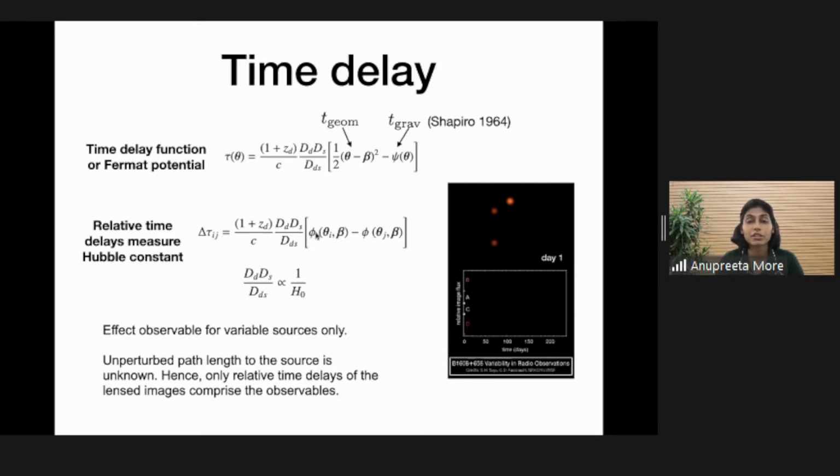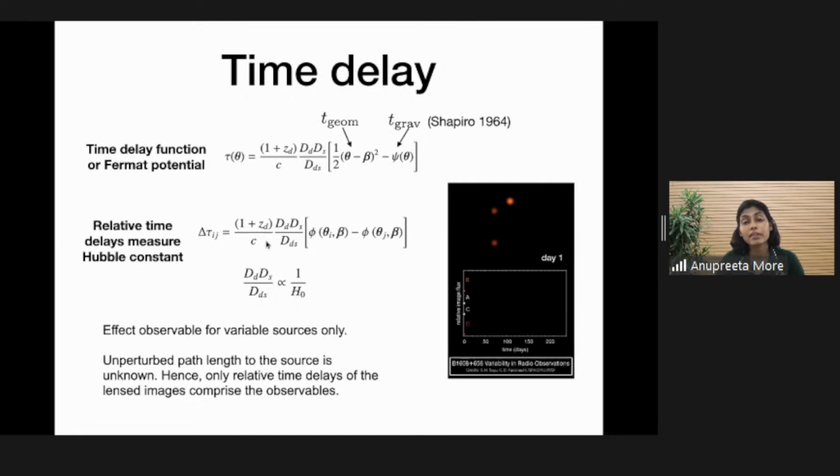So we cannot really measure the time delay between the unperturbed ray coming from the source versus image one, but we can measure the time delay between two lensed images. So I've rewritten this equation here, which gives the relative time delays between two images, theta i, theta j. And there is also a dependency on the distance ratios.